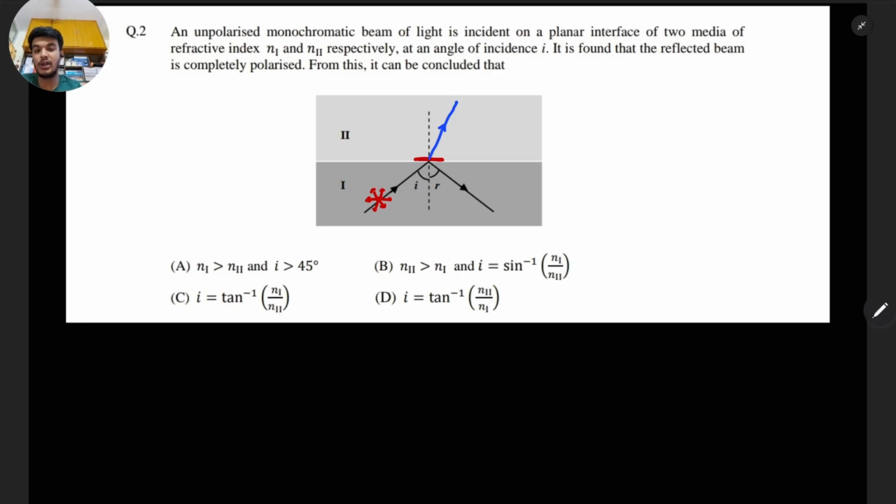So now the theory says, or from the law of polarization, we know that the reflected ray is partially polarized in the plane of incidence. I mean, this plane, you can see the page. In that page, it will be partially polarized in this direction.